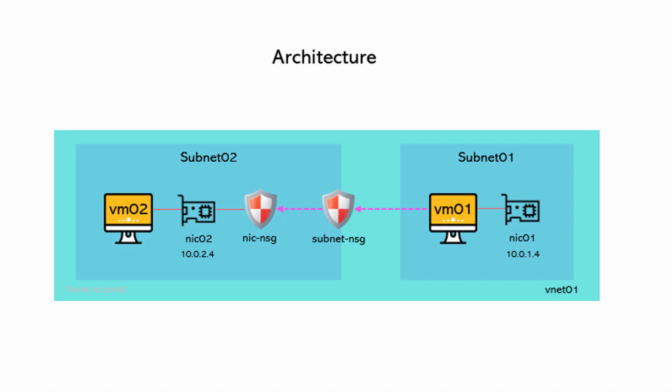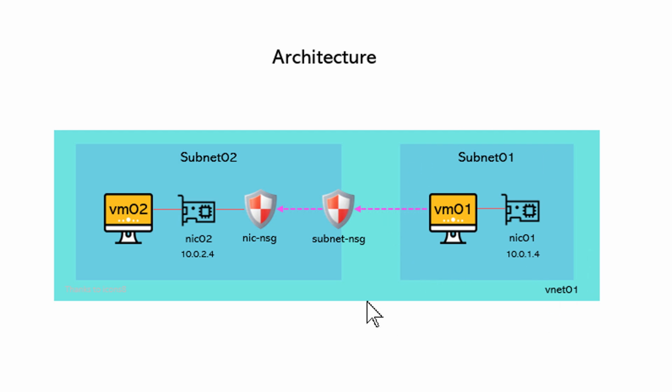So this is the simple architecture of the Azure resources that will be deployed when you run those commands. In this architecture, we have a virtual network and two subnets, subnet 01 and subnet 02. In subnet 01, I have a virtual machine which is connected to a NIC.